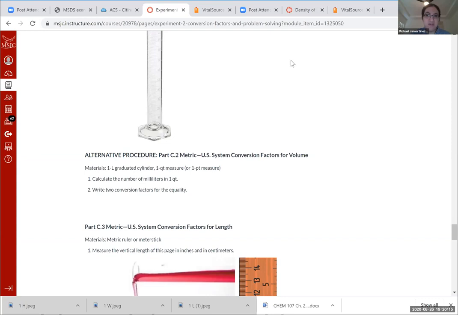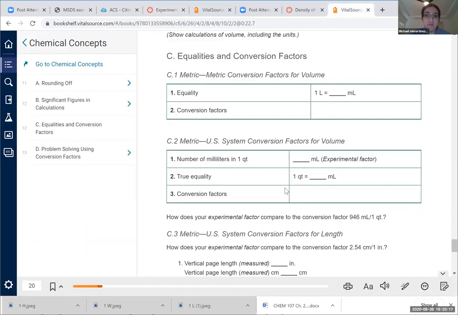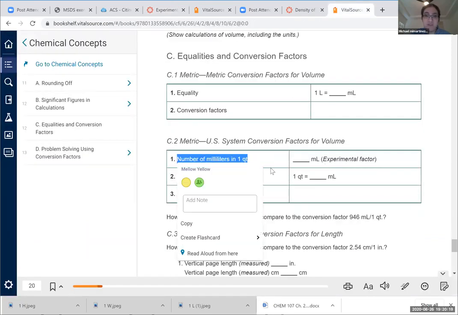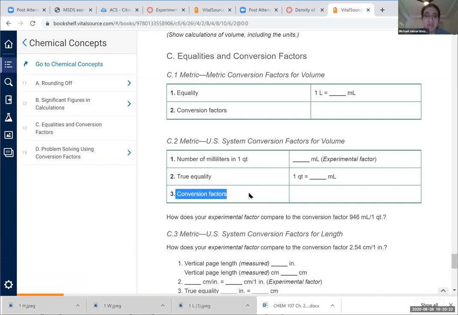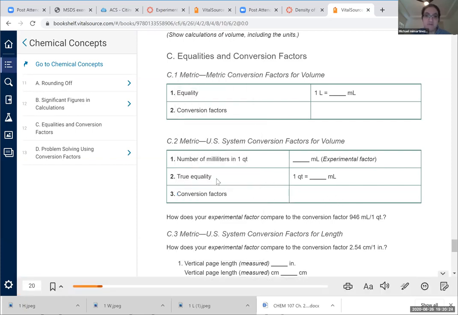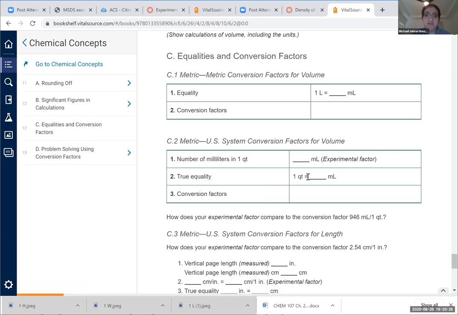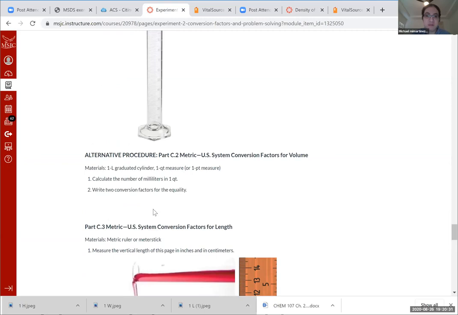So that's all I'm having you do for part C. You're going to write the number of milliliters in a quart and write the conversion factor. The true equality you get from your notes. Does this make sense to everyone so far?